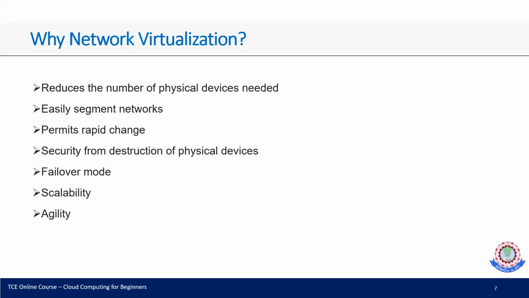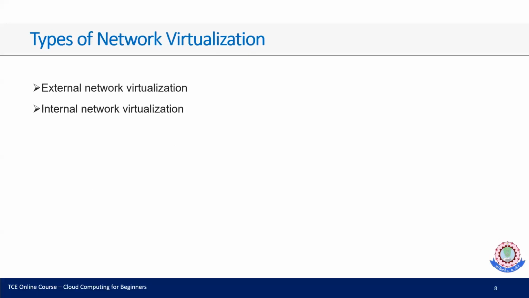We can easily segment the networks. We can permit changes. We can address security concerns by reducing the destruction of physical devices. We can have recovery whenever there is a failure. Then we can scale up or scale down. Agility can be improved.